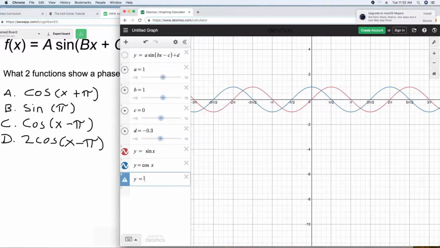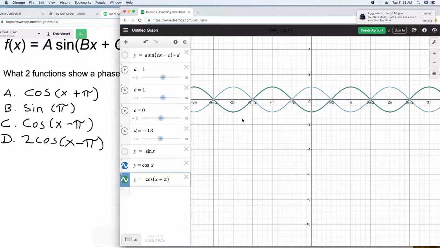y equals cosine x plus pi. I'm going to turn off the sine one because I want to compare this and this. Okay, so if I start here, let's see how much it moved to the right.